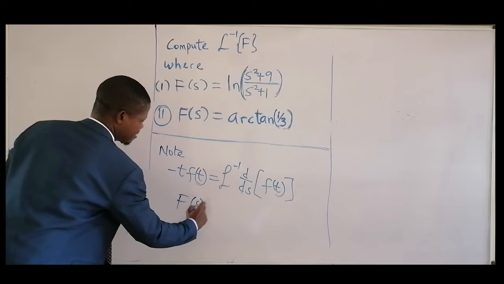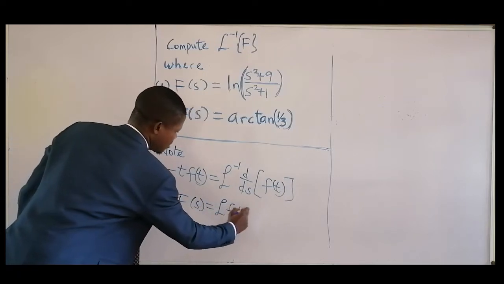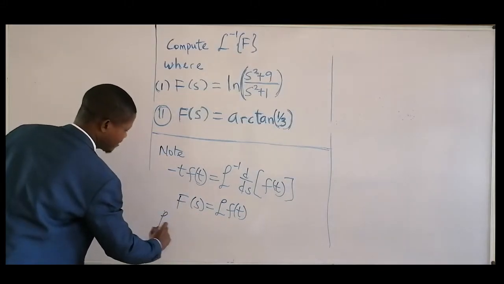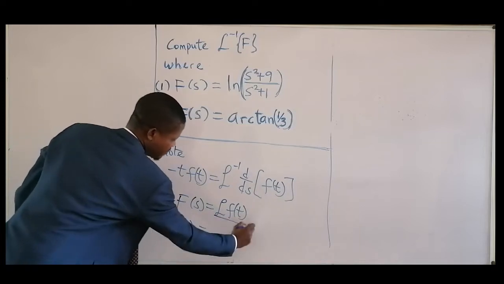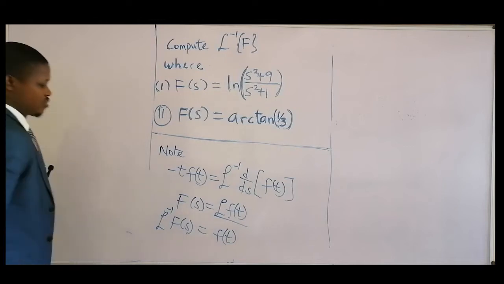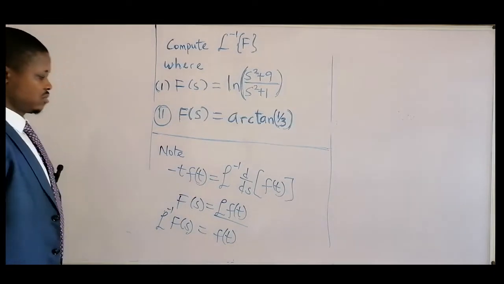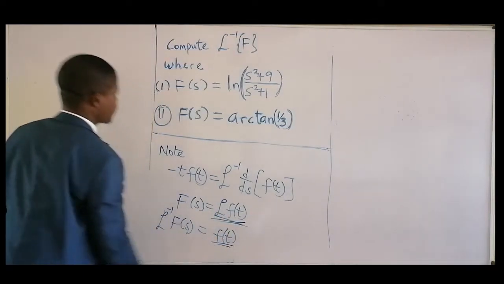This symbol is the same as the Laplace of f of t. So if you take the inverse of both sides, the inverse of this will give you f of t, and that f of t is what we want to look into.